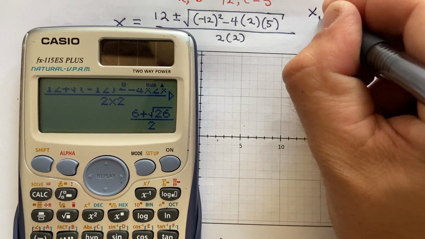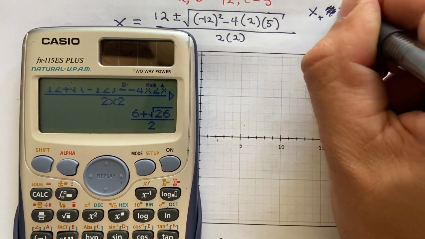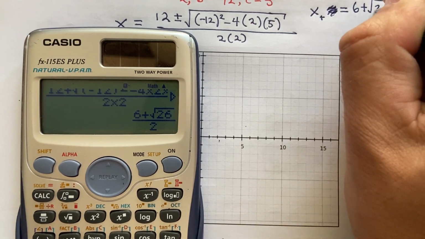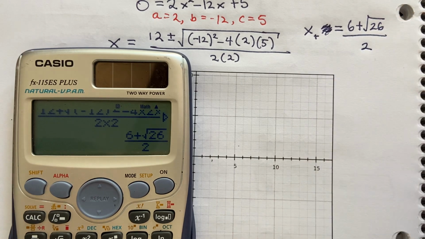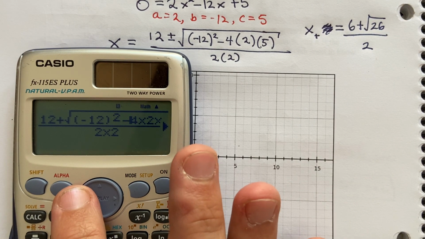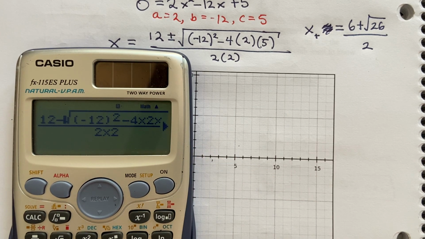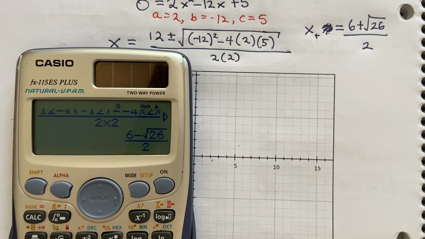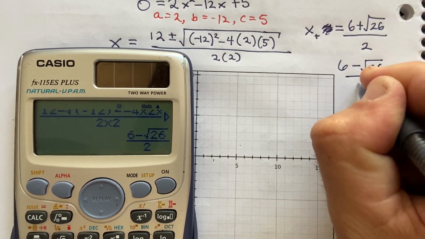So x plus, I'll just say it in exact form as 6 plus root 26 over 2. If I go back and make this minus, I'll get the other intercept. So 6 minus root 26 over 2.